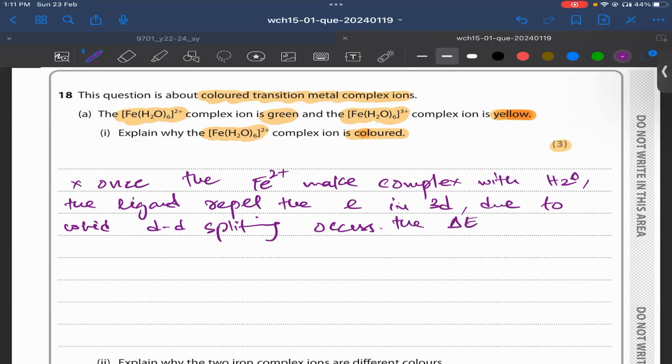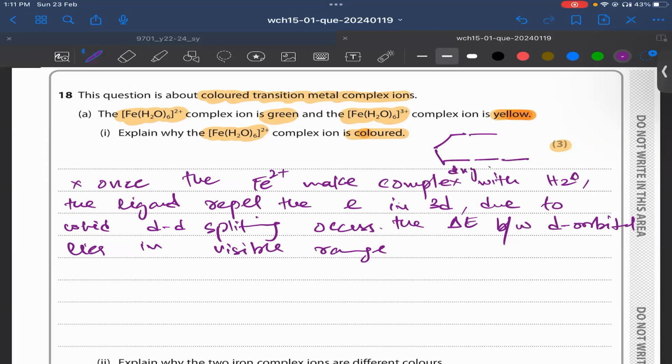And the energy gap between d orbitals lies in the visible range. This kind of d-d splitting which we have discussed, the xy, the yz, the zx, the x squared minus y squared, and the z squared.